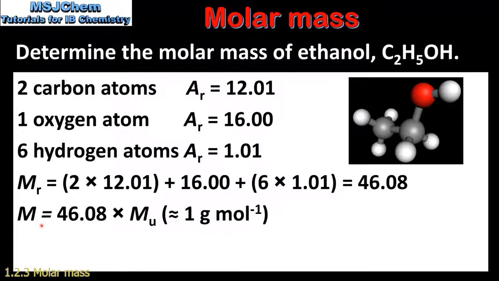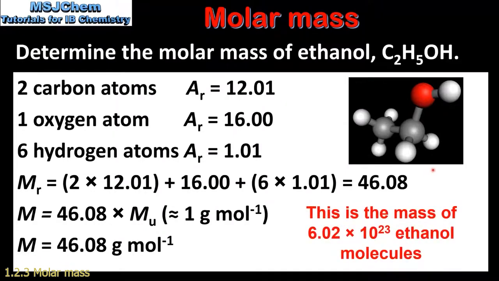To convert to molar mass, we multiply the relative molecular mass by the molar mass constant, and this gives a molar mass of 46.08 grams per mole. So to summarize, the molar mass of ethanol is 46.08 grams per mole. This tells us that 1 mole of ethanol has a mass of 46.08 grams.